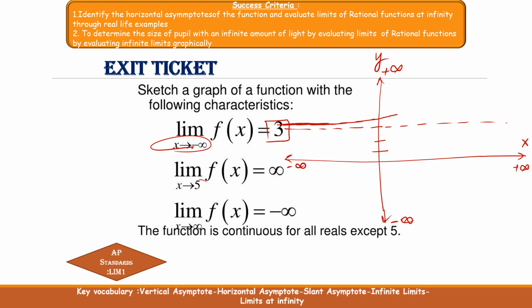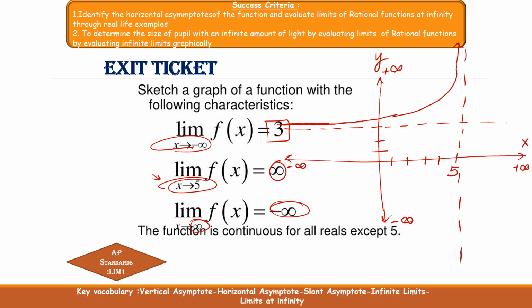Now there is another condition that x is approaching 5. The y value is positive infinity. So it means that I have a vertical asymptote. I will join this graph, and because it is positive infinity, I will make it like this. Now they are saying when x is approaching positive infinity, the y value is negative infinity.